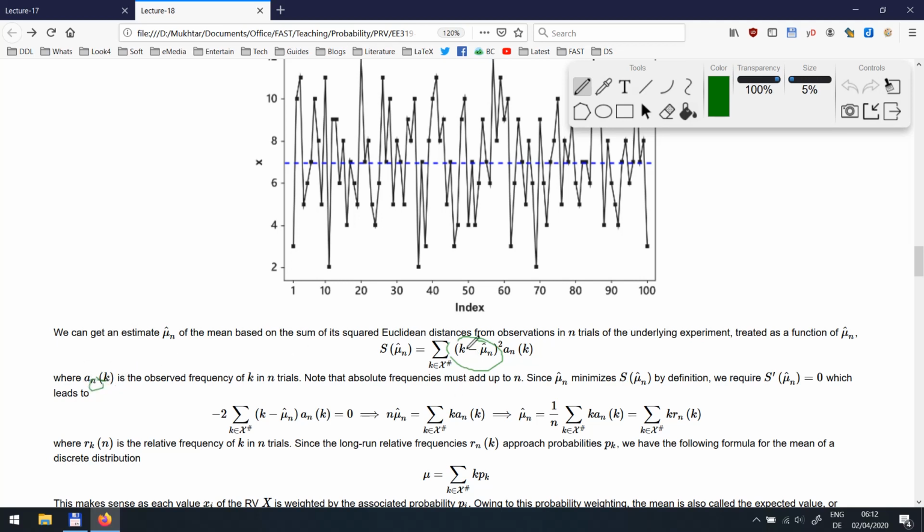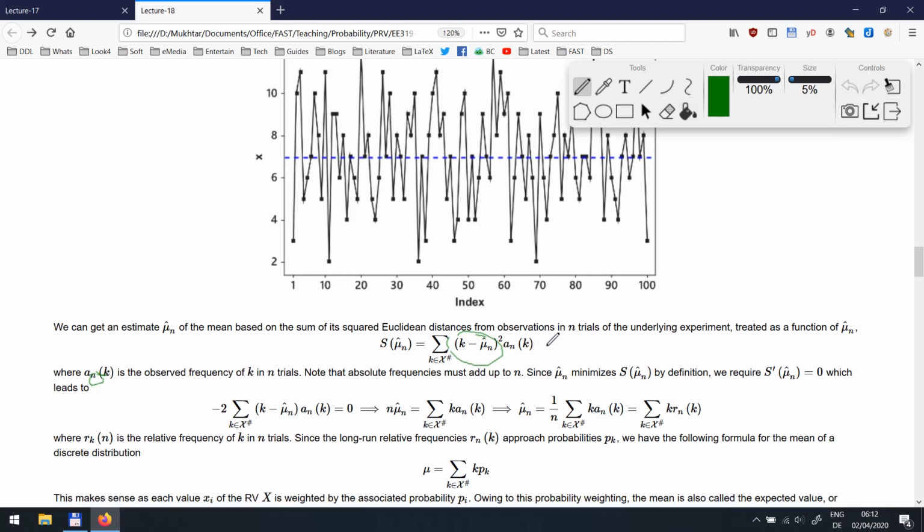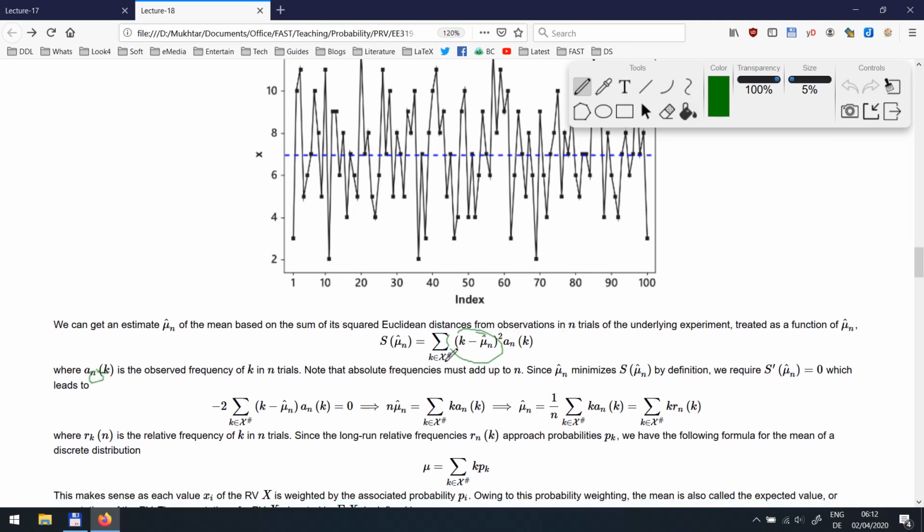Each squared distance from the typical value, which is unknown, to each data point is multiplied by the frequency with which that value is observed. So for example, if a value has been observed 10 times, this squared distance will appear 10 times, so because you want to sum all distances, you have to multiply that 10 times and so on.